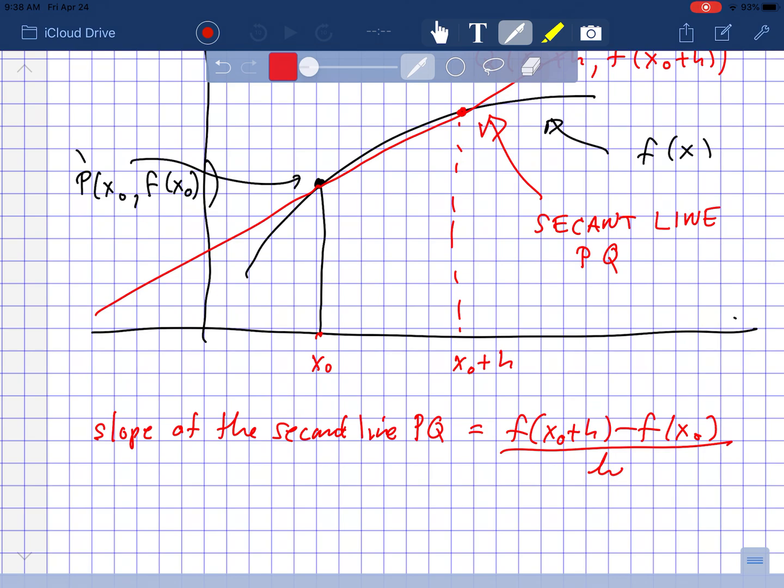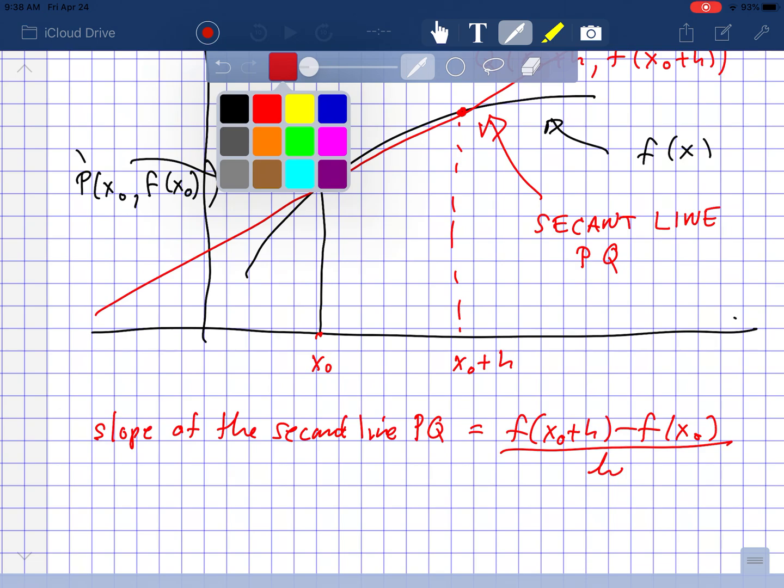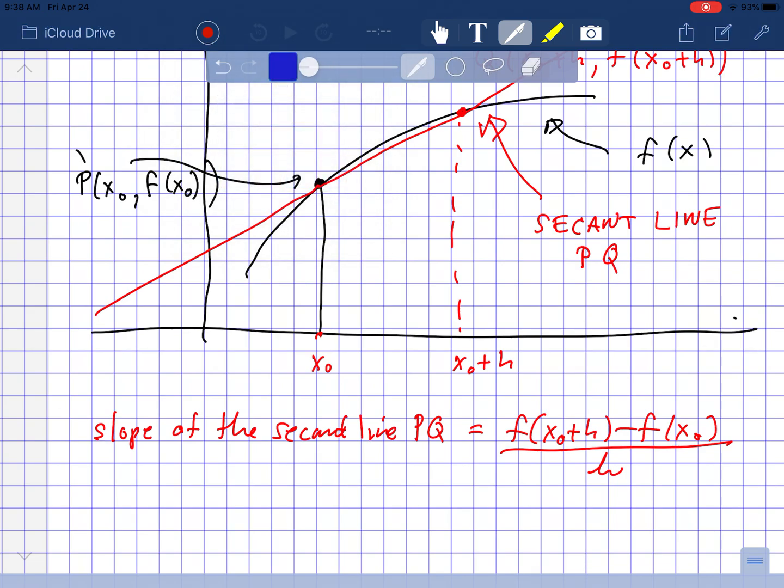All right? Now, what we're interested in doing is letting h go to 0. So we're going to let h go to 0. So as h gets smaller and smaller, the x-coordinate of the point Q gets closer and closer to x sub naught, which means that this point Q is moving along the curve and getting closer and closer to this point P that remains fixed.